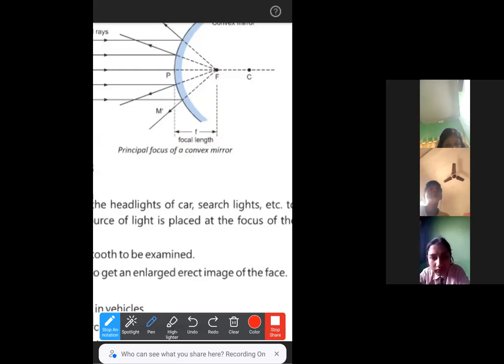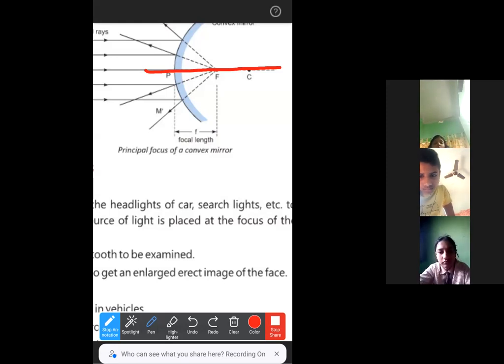The point present at the center of the surface is called the pole. We denote it with P. Next, the center which is present away from the surface is called the center of curvature, denoted by C. The imaginary line that goes through the pole and the center of curvature is called the axis.